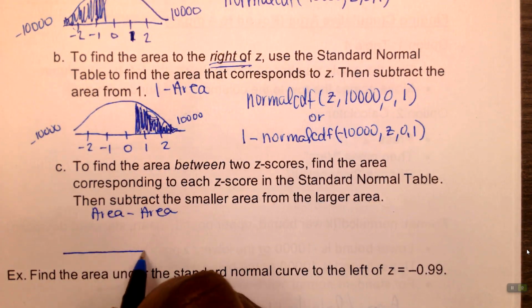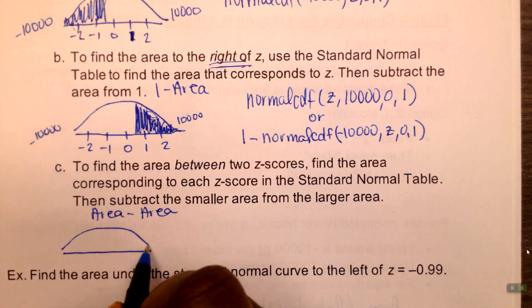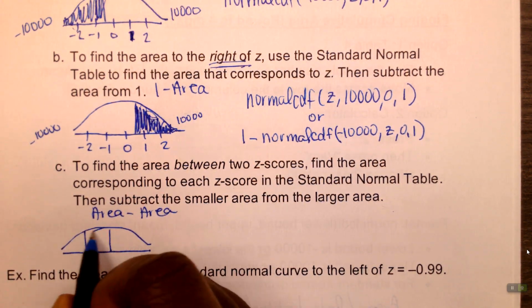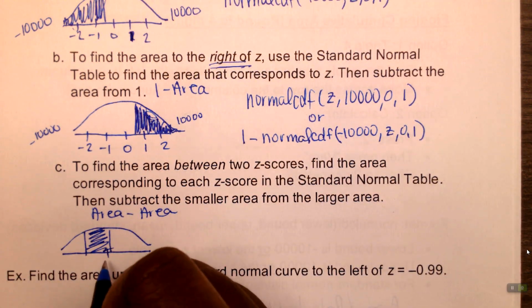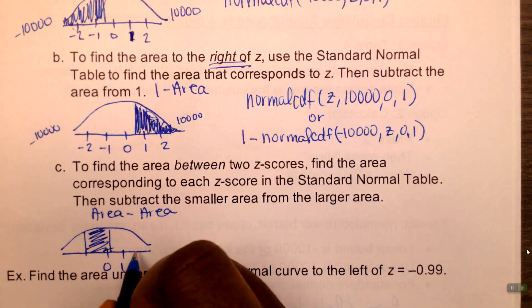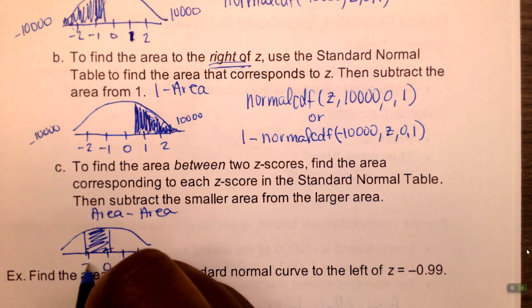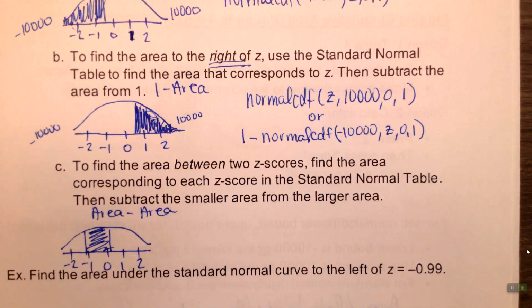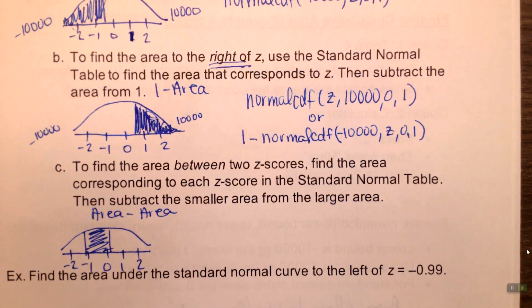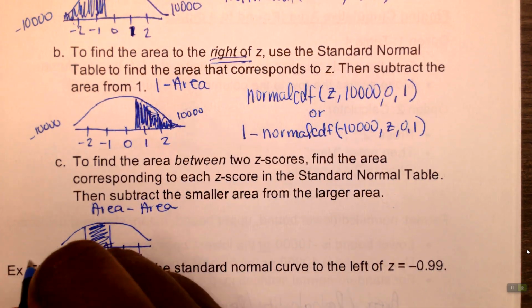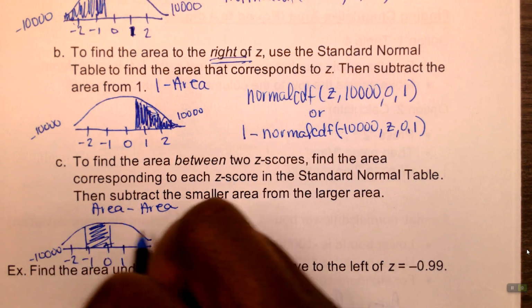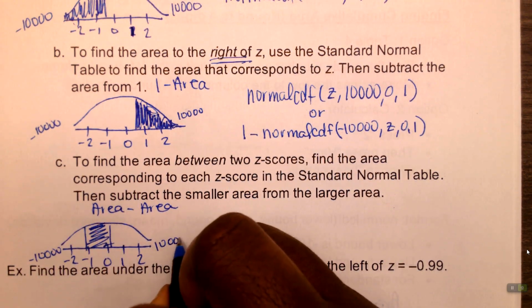When you're graphing, it's going to just be between two numbers. Your graphing is between those two z-scores, wherever they are. You still have your negative 10,000, your positive 10,000.